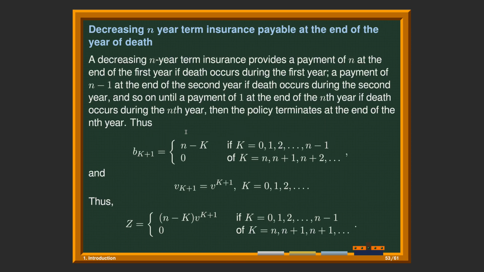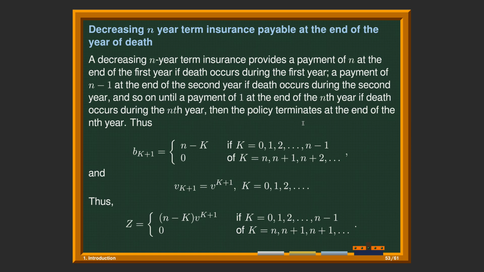And then we have the decreasing n-year term. Okay, the decreasing n-year term insurance that is payable at the end of the year of death. So it'll provide a payment of n at the end of the first year if death occurs during the first year, a payment of n minus 1 payable at the end of the second year if death occurs during the second year, and so on until a payment of 1 at the end of the nth year if death occurs during the nth year.